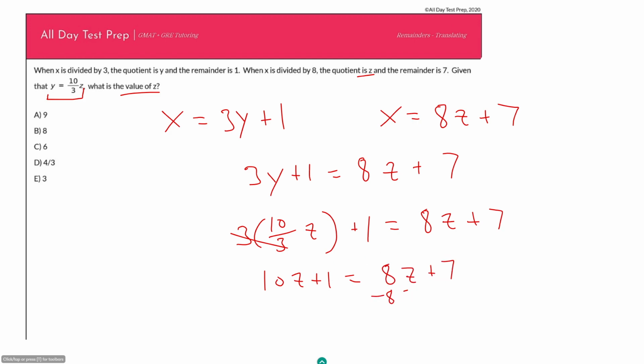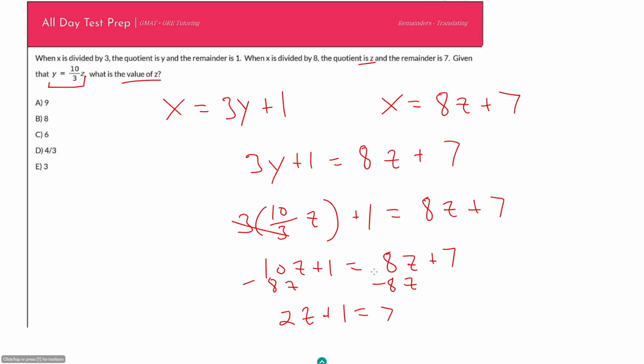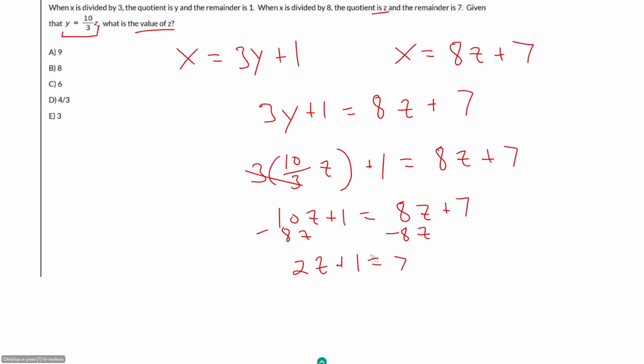Subtract 8z from each side: 2z plus 1 is equal to 7. 2z is equal to 6. Therefore, z is equal to 3.